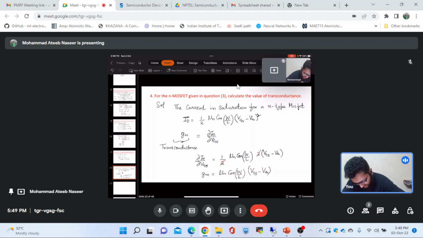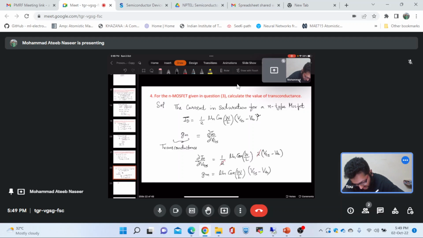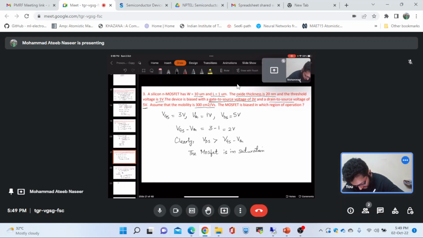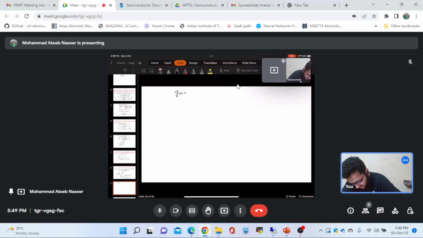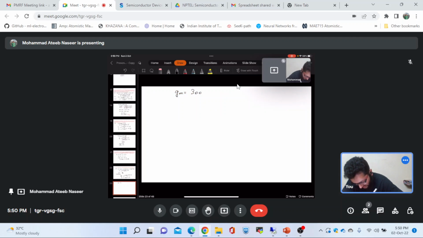So this GM is equal to mu n C ox. Mu n is equal to 300, and for C ox we need epsilon ox by T ox. T ox is 20 nanometer.